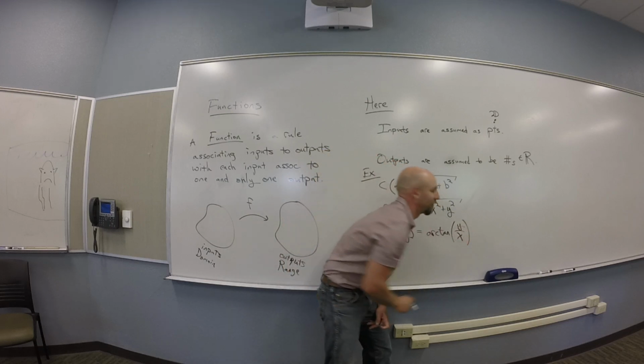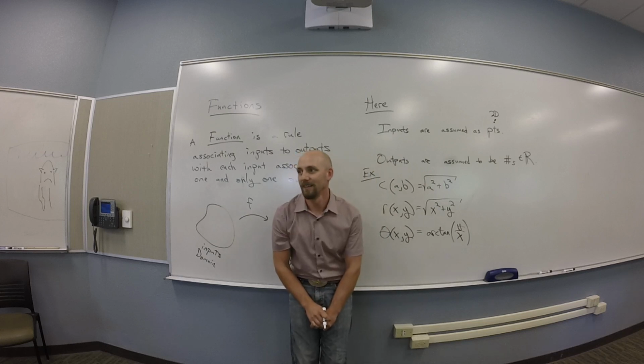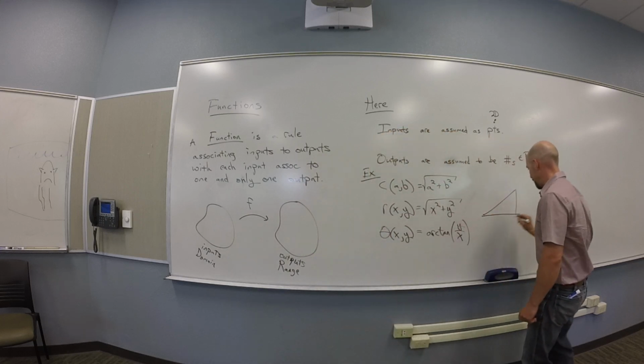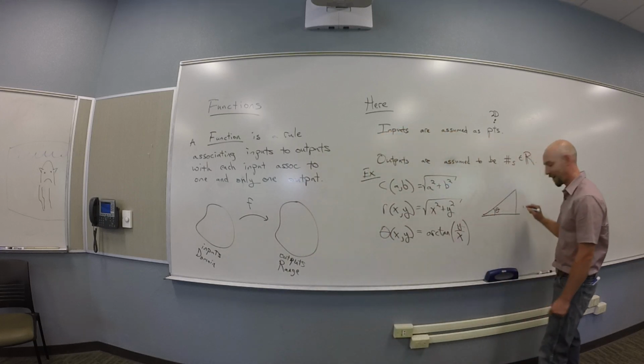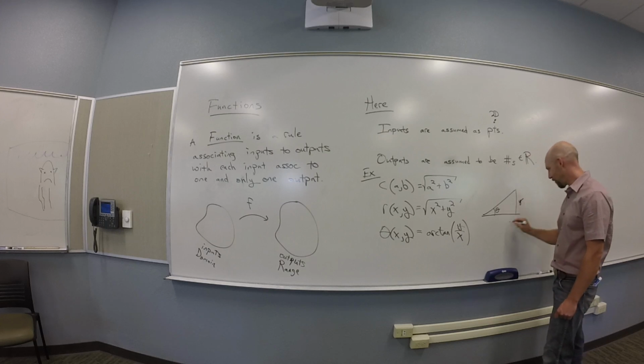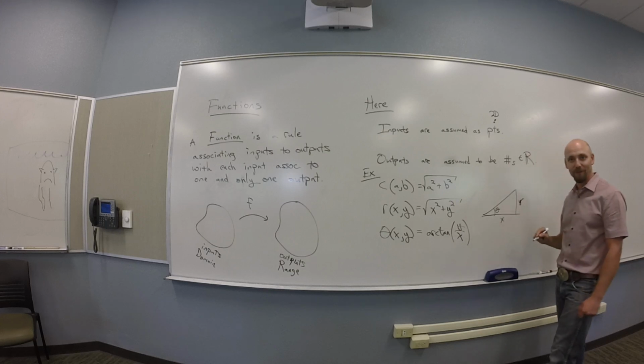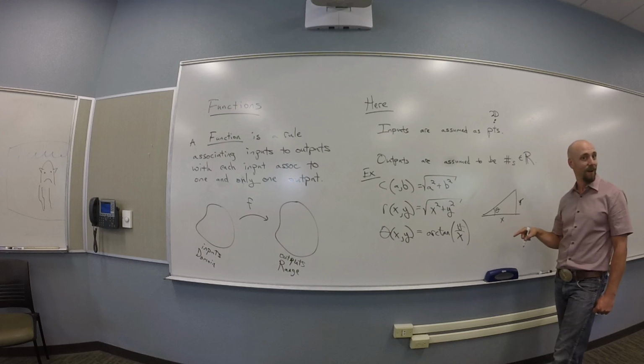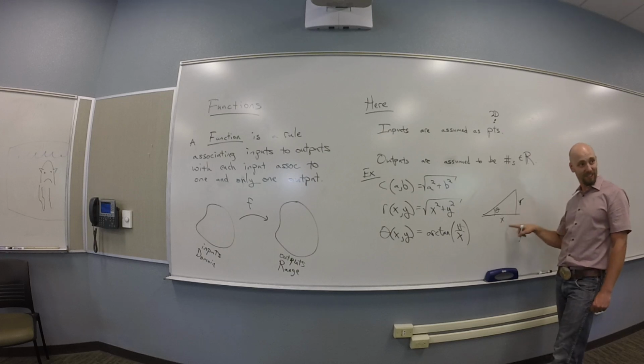I think it's y over x too. How can we check our reasoning? It's basically the arctangent of the slope. Don't get fancy. We're looking for theta. Y is the one that goes up, X is the one that goes over, and tangent is opposite over adjacent.